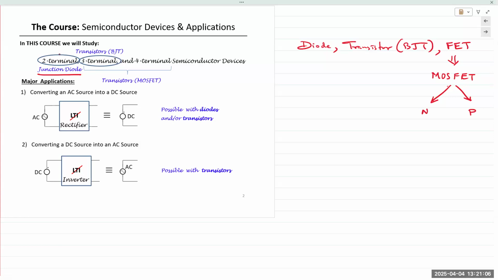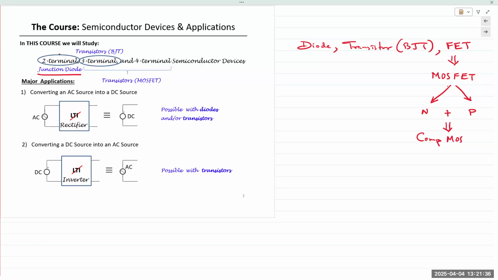And if you create a microchip, or a circuit, which has both N channel and P channel MOSFETs, you get what is known as complementary MOS, or more commonly known as CMOS. And CMOS technology is what drives every semiconductor device nowadays, at least for the last few decades.